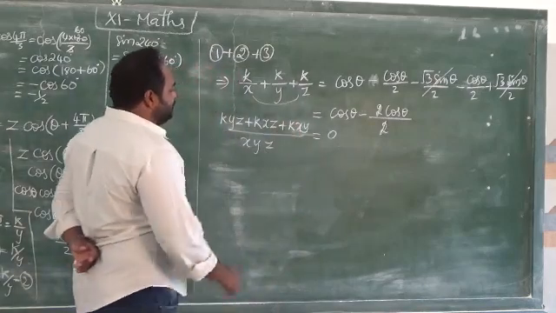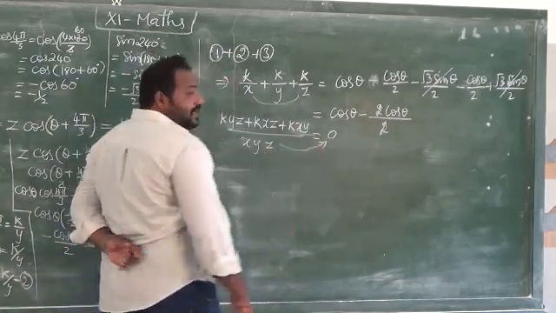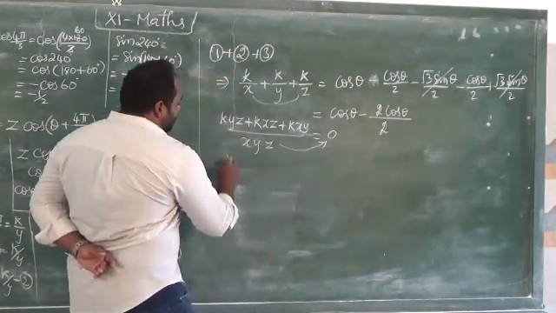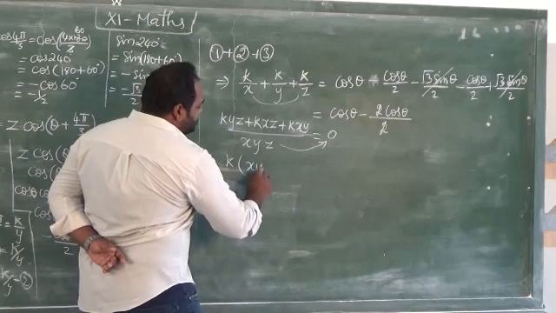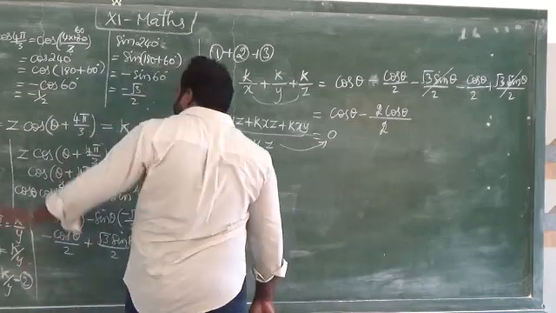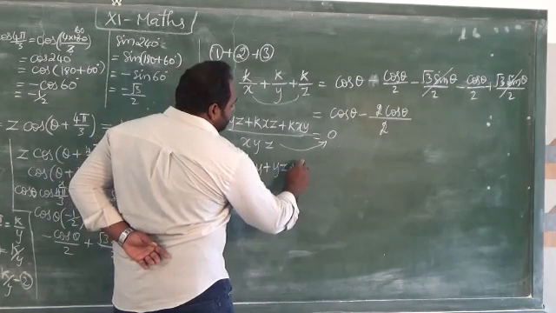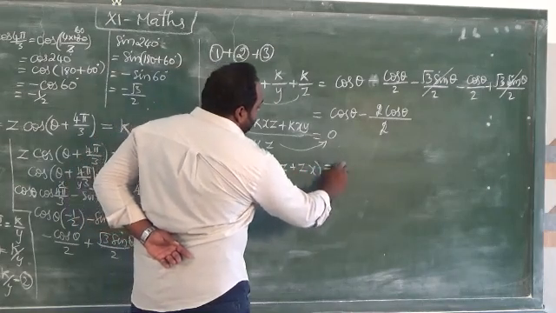Taking LCM, bring this side, it will be xyz into 0, which is 0. Here I can take k commonly outside, rearranging according to the question: xy, yz, zx equal to 0.